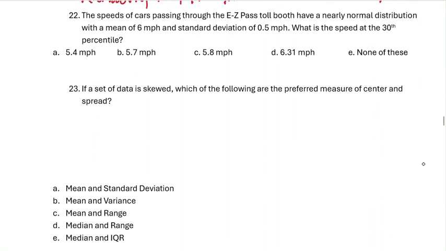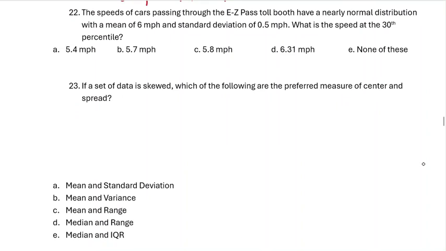The speeds of cars going through the Easy Pass have a normal distribution with a mean of 6 miles per hour, standard deviation of half mile an hour. What speed is at the 30th percentile? So we are given a percentile.